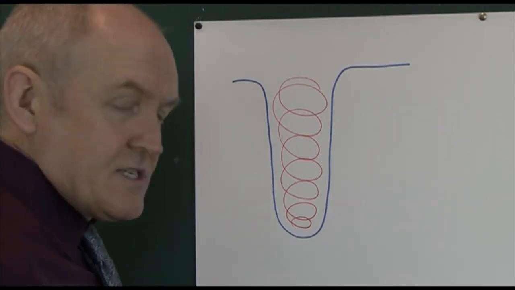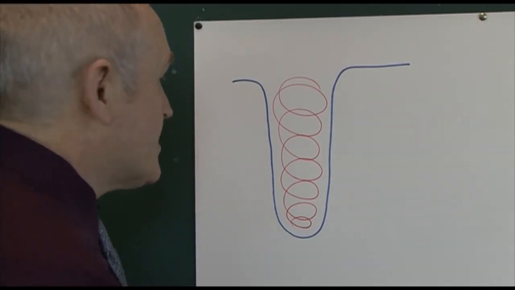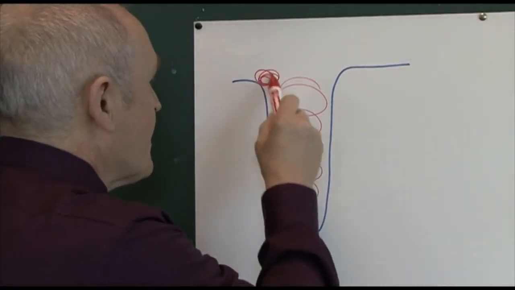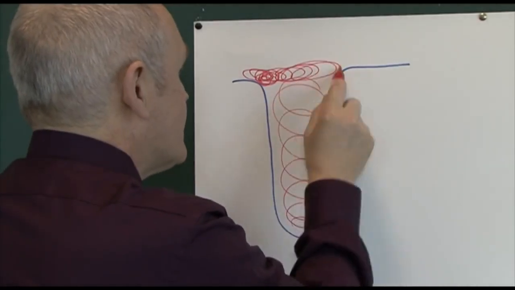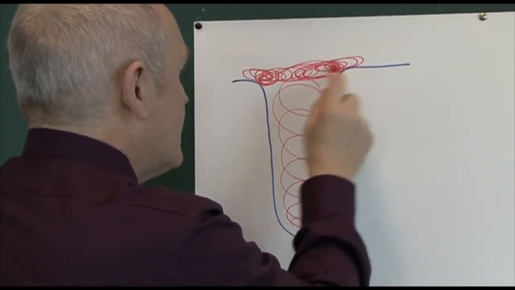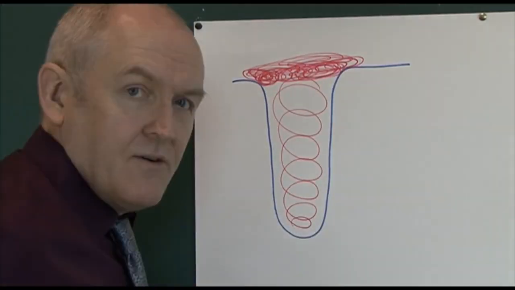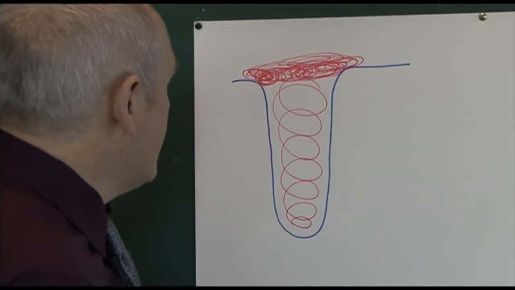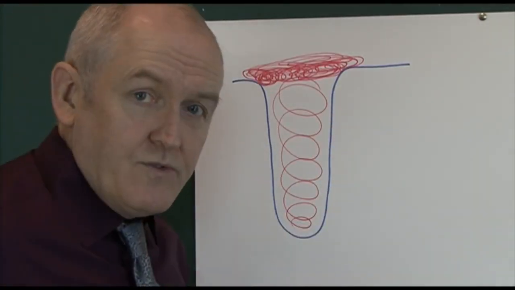And one of the first things that we're going to see is that the blood on top is going to dry and form a scab. So now we've got drier blood on top and we've got blood filling the wound cavity.